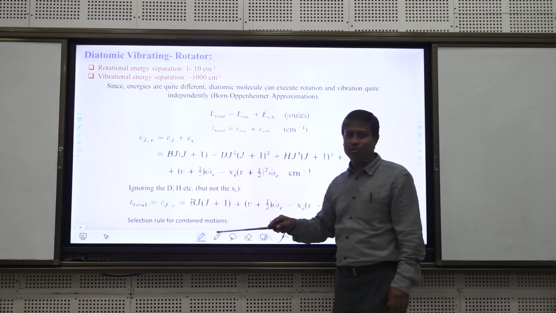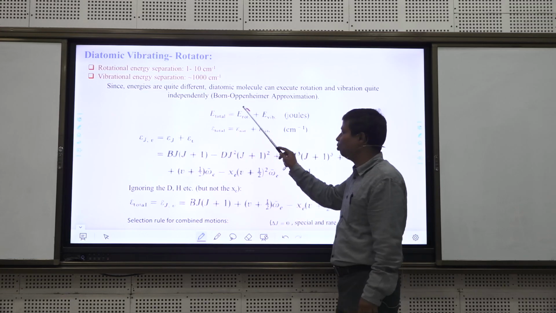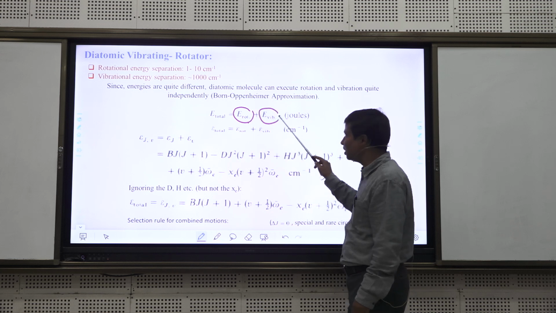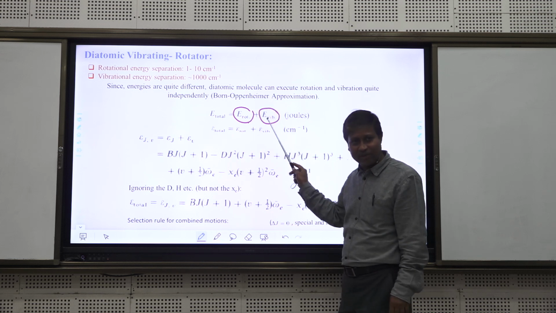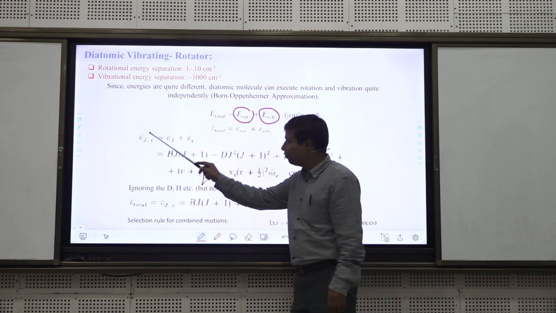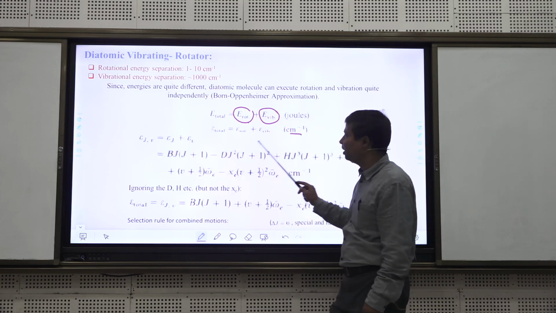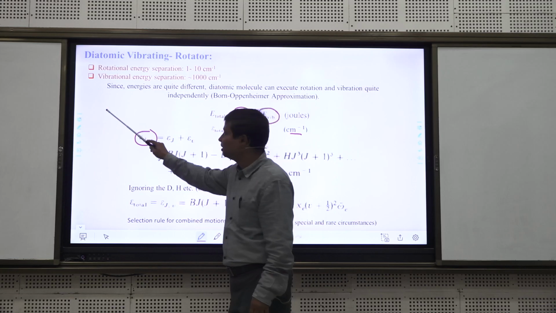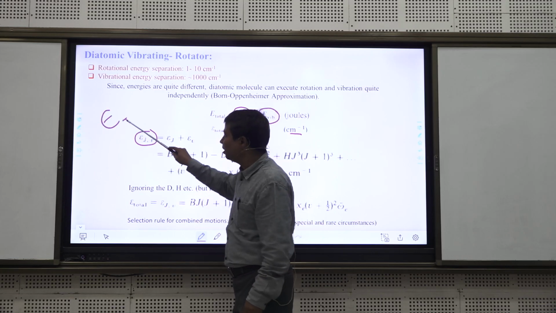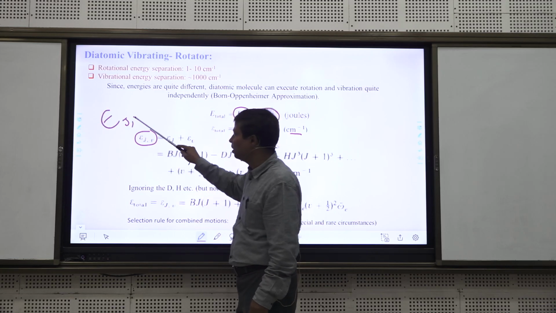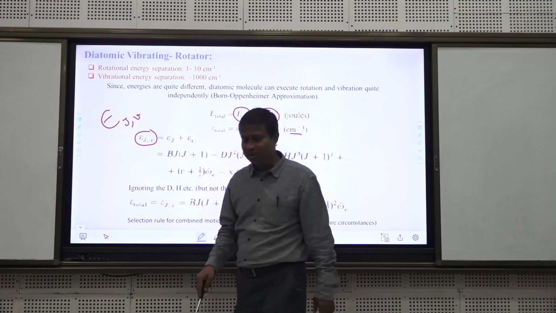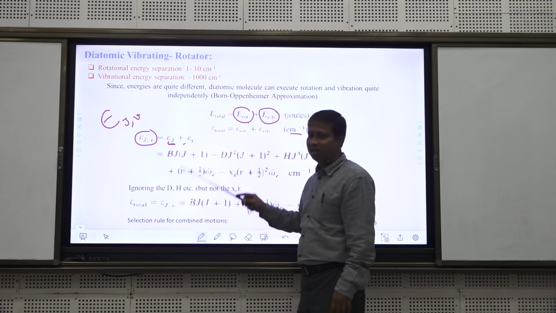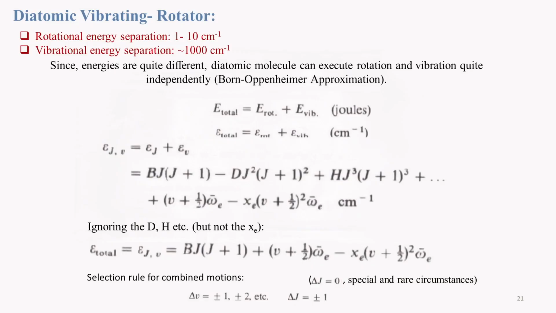We did not teach you rotational spectroscopy, but you know the expression for the rotational energy level, and now we have seen the expression for the vibrational energy level. If you do it in wave numbers, epsilon J V, J for the rotational and V for the vibrational, is epsilon J plus epsilon V without any interaction term.